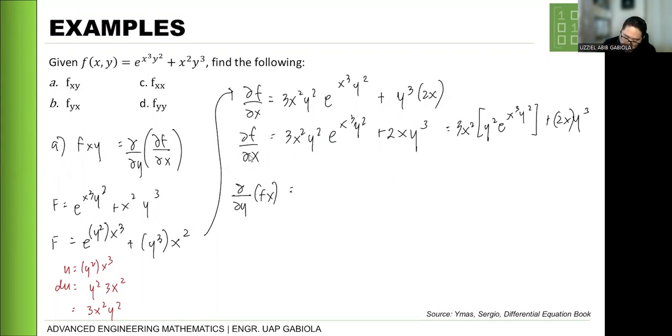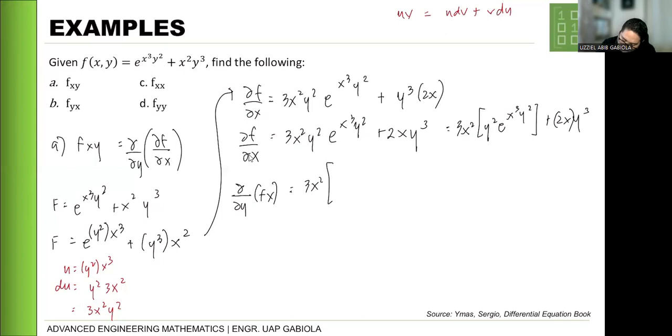So yung partial ni function in terms ni y will be 3x squared multiplied. So ito will be derivative siya ng product, no? And as we can recall, ang derivative ng product, if we have UV, ang derivative niya is UdV plus VdU. Okay? Pero, anong gagawin natin is, in terms ni y tayo, so, treated as constant si x dito. Okay?